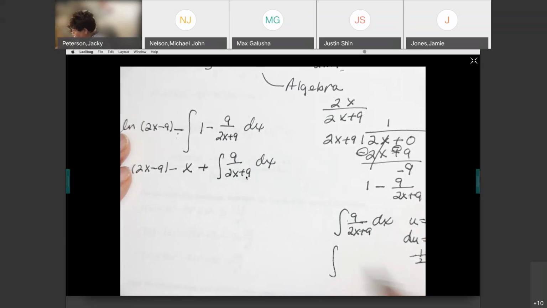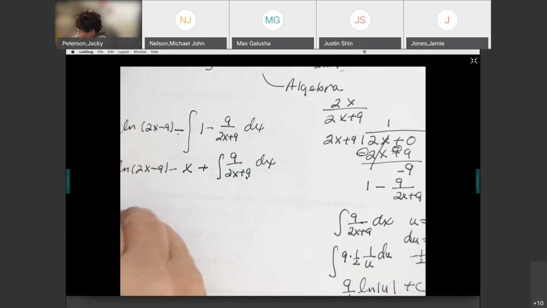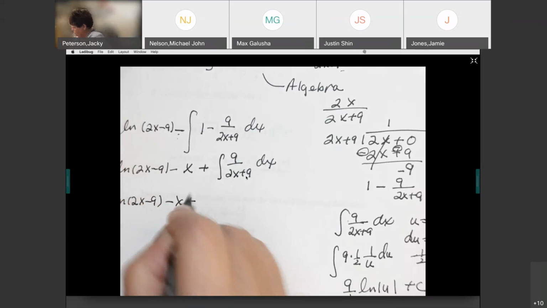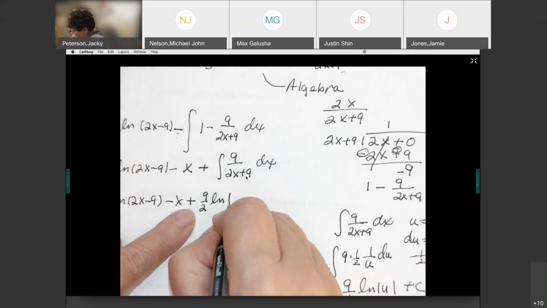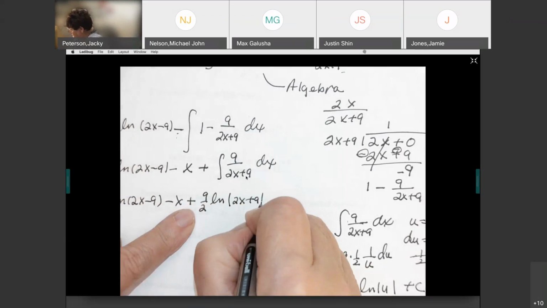So this becomes the integral of 9 times 1/2, 1 over u du. And that's just natural log. Right. So when I come back up here, this is x natural log of 2x minus 9 minus x plus, well, plus what? This thing, natural log of u, which happens to be 2x plus 9, and then plus c.